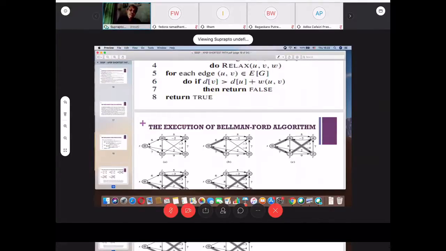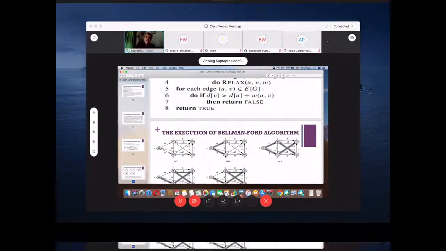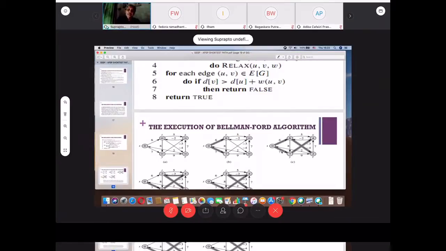But by doing relaxation, going to S, then you can add 0, you can add 7 to 0, and you will get 7. And then relaxation is continued, right?